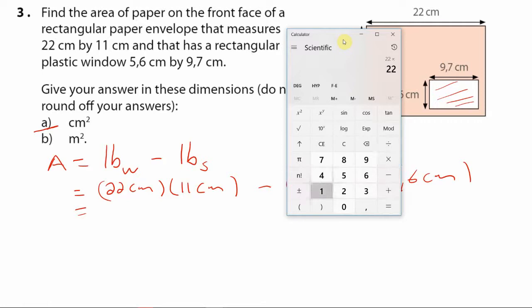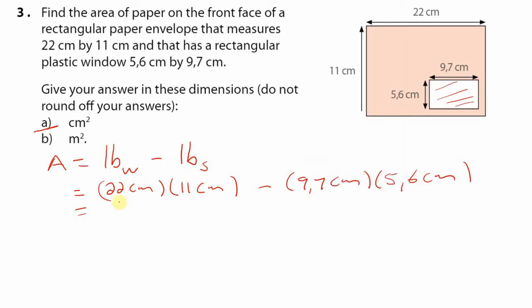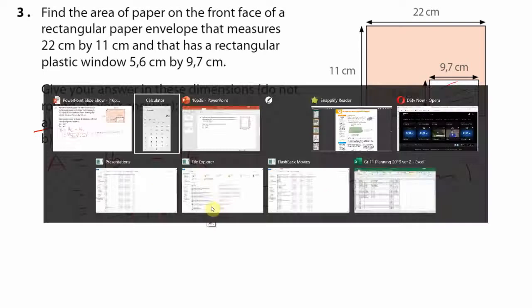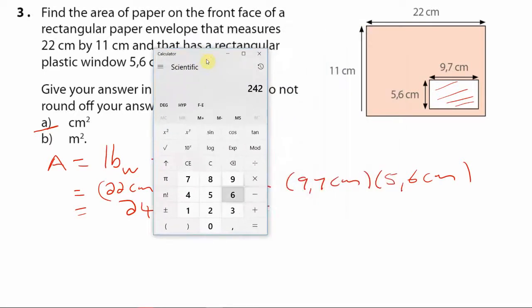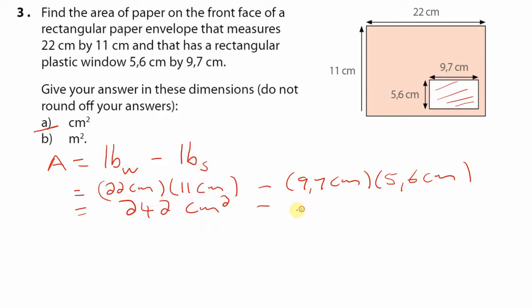22 times 11 is 242 centimeter times centimeter, which is square centimeters. We know area is always in square units. Then we can calculate 9,7 times 5,6, which is 54,32.